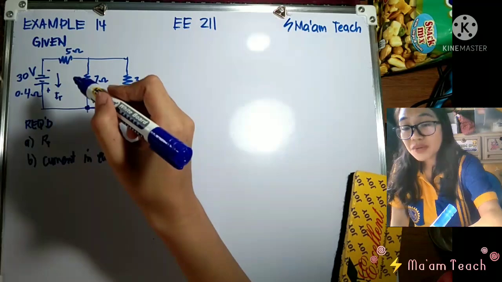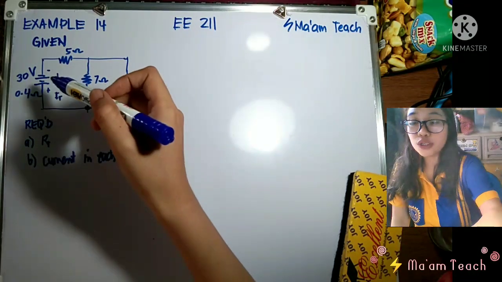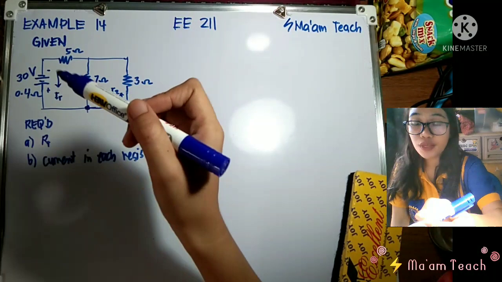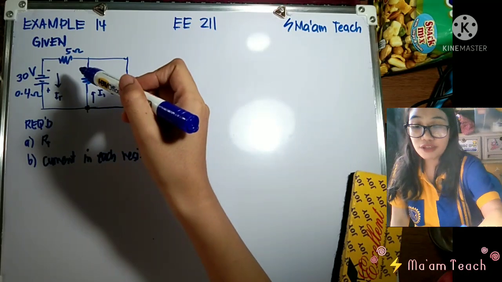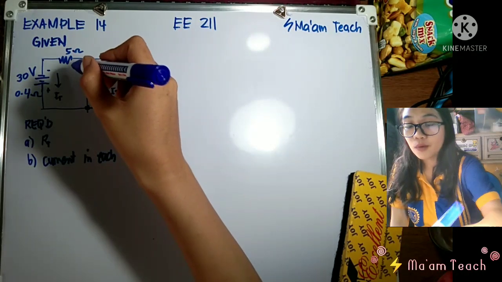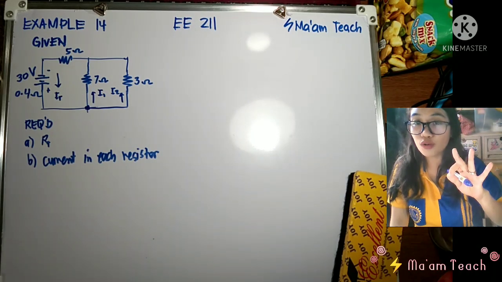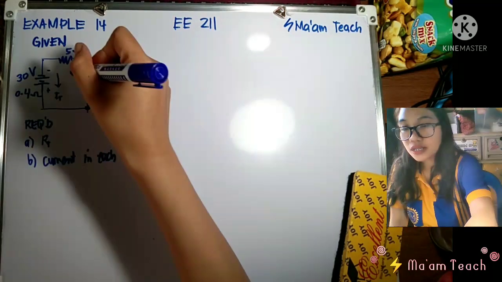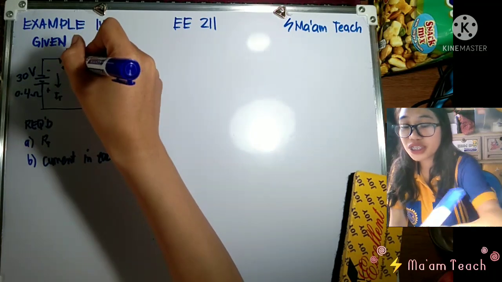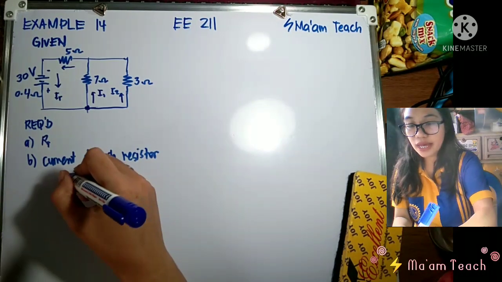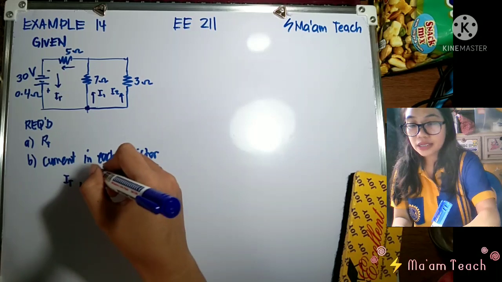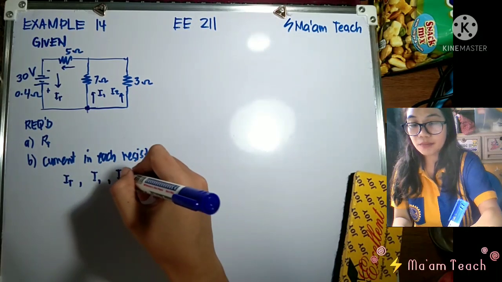Which means that the current flowing in our source is just the same as the current flowing in your 5 ohms. Can you follow? So therefore, we will only be solving here 3 values of current. These are just the same. So it will be I sub t, I sub 1, and I sub 2.